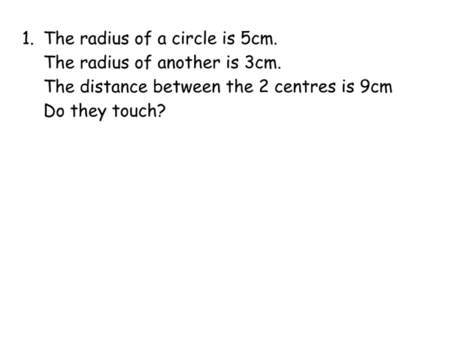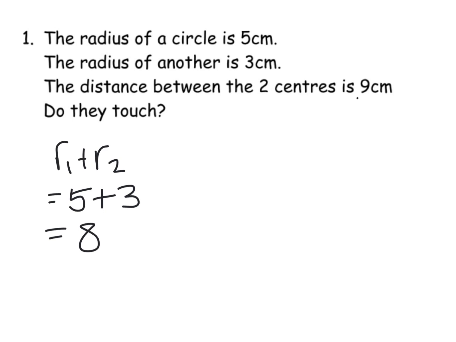So before I go into big examples, I'm going to do just some very little illustrations of what's going on. The radius of a circle is 5, the radius of another circle is 3, and the distance between the 2 centres is 9. Do they touch? So R1 plus R2 equals 5 plus 3 equals 8.